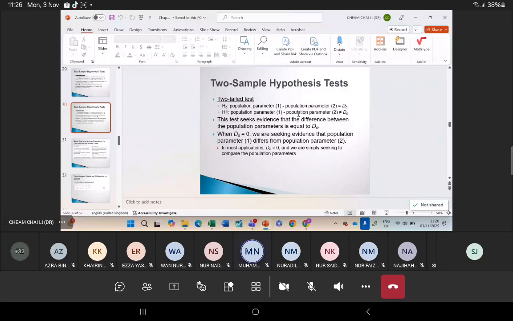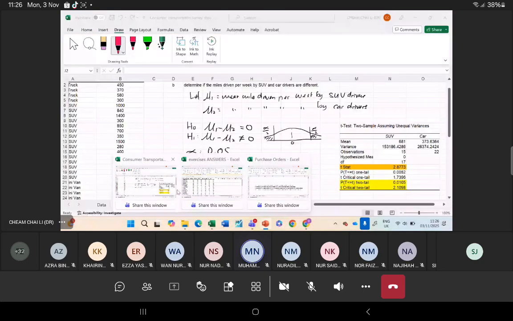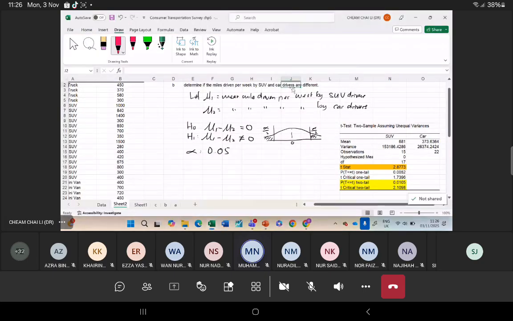Yes, it cannot be reversed. So in order not to confuse you all, I need to change these two to different. This is what we want to investigate, so we want to put this statement in the alternative hypothesis. If I put the same, you all would put equal in the alternative hypothesis. So I change it to not equal.